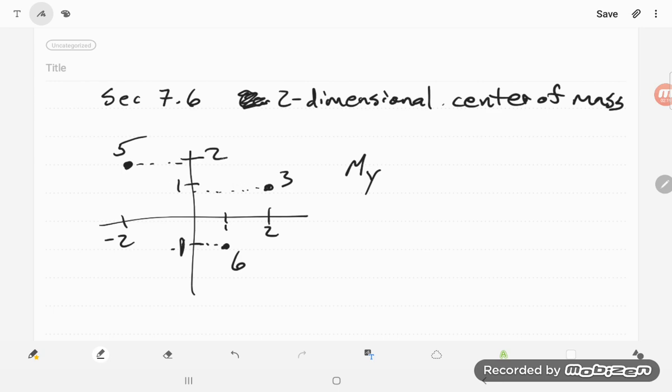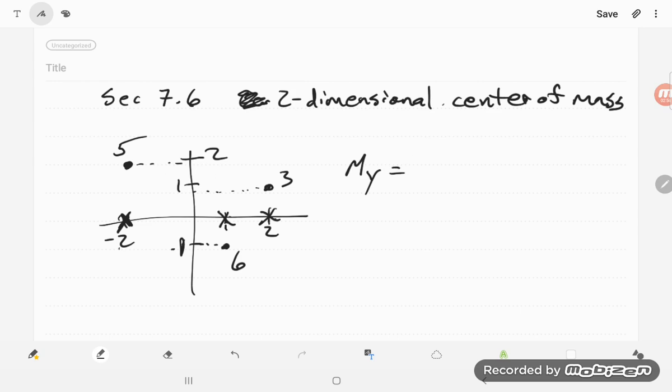A nice mathy term is, in essence, we're projecting our masses down onto the x-axis, so like this. So it's like they're at those three spots at -2, 1, and 2, and we just want to know what's that moment about the origin? But we'll call it the y-axis because that's what we are perpendicular to.